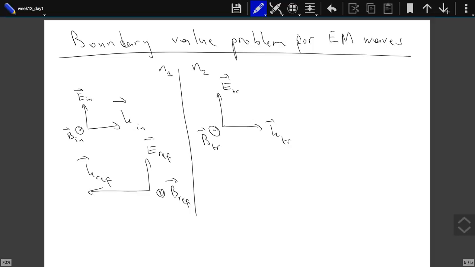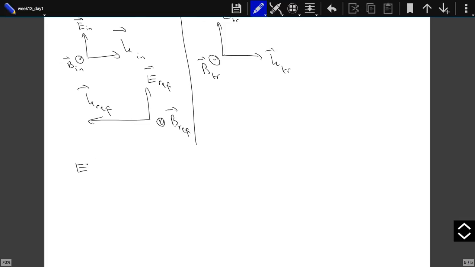Let me also make this identification: E incident will be E incident 0 e to the power i k dot r minus omega t.